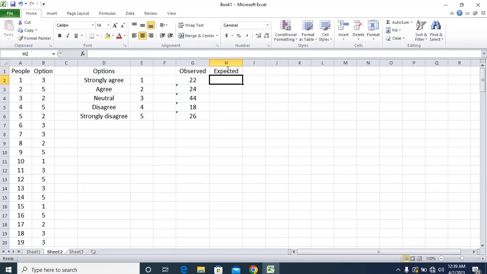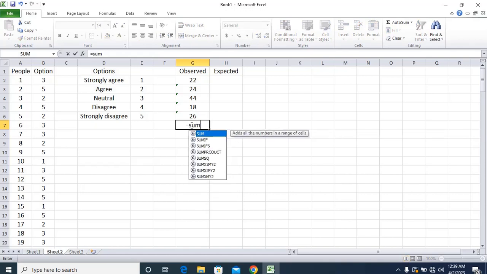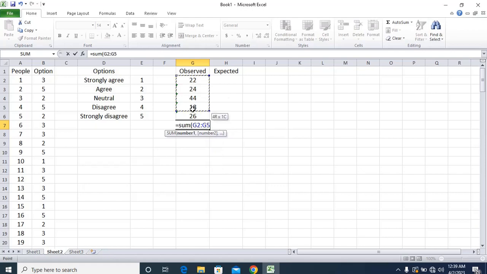The expected value is always the total number of people divided by the number of options. The total number of people is equal to sum, start the bracket, and close the bracket after selection.